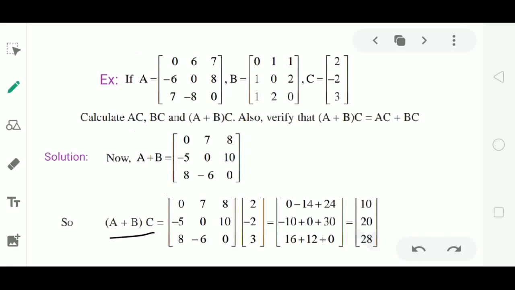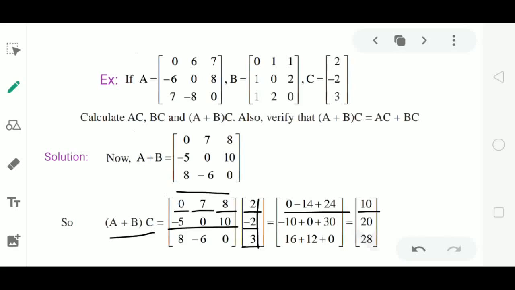Let us multiply that. First row, first column: 0 into 2 plus 7 into minus 2 plus 8 into 3, that is 0 minus 14 plus 24, which is 10. Here we do not have another column in the second matrix, so we directly go to the second row of the first matrix.